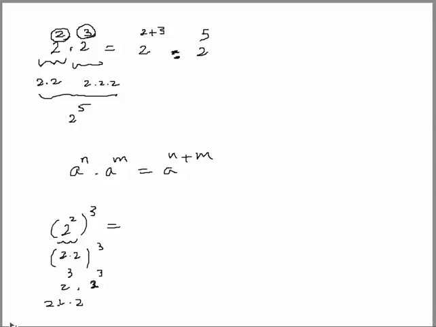So I have 3 2's here. Then here we have 3 2's here. So I have a total of 6 2's. So that would be like multiplying the exponents. So in this case, we have a to the power of n to the power of m. This is where you multiply. Can I see a check mark in front of your name if you all can follow this concept?